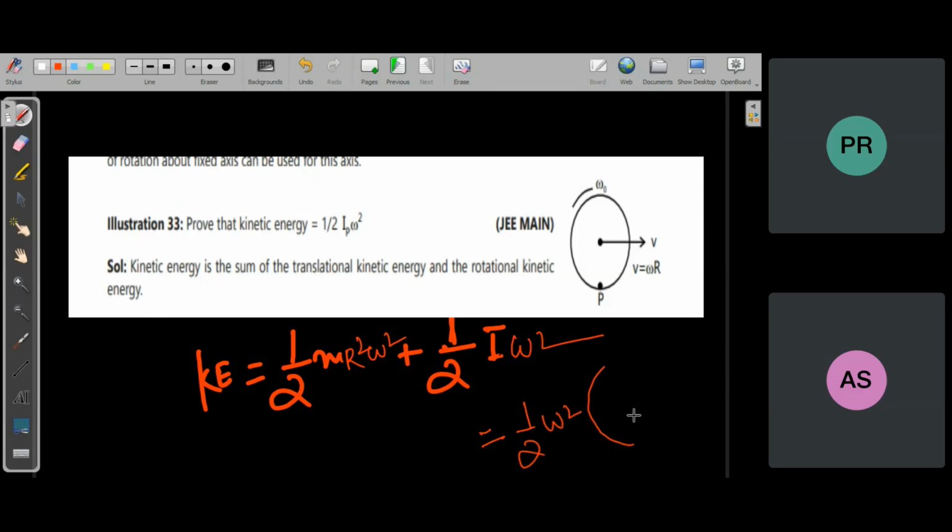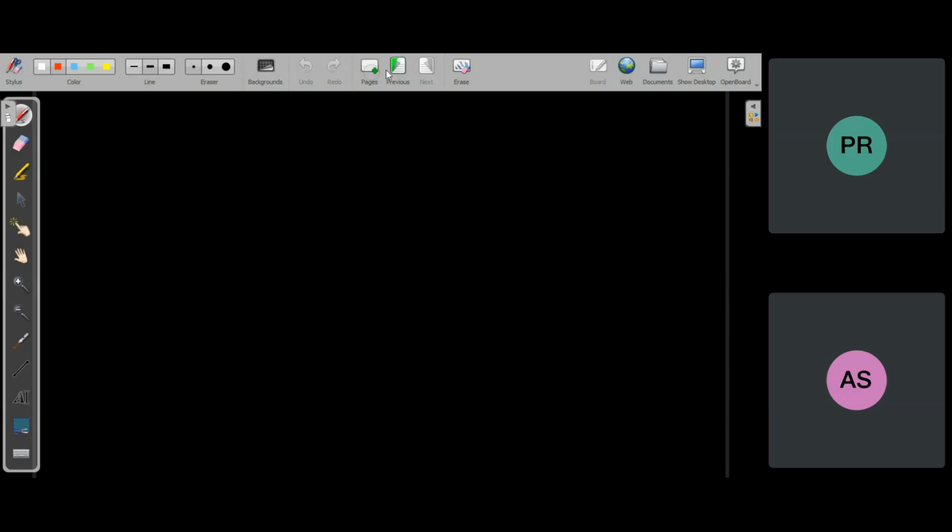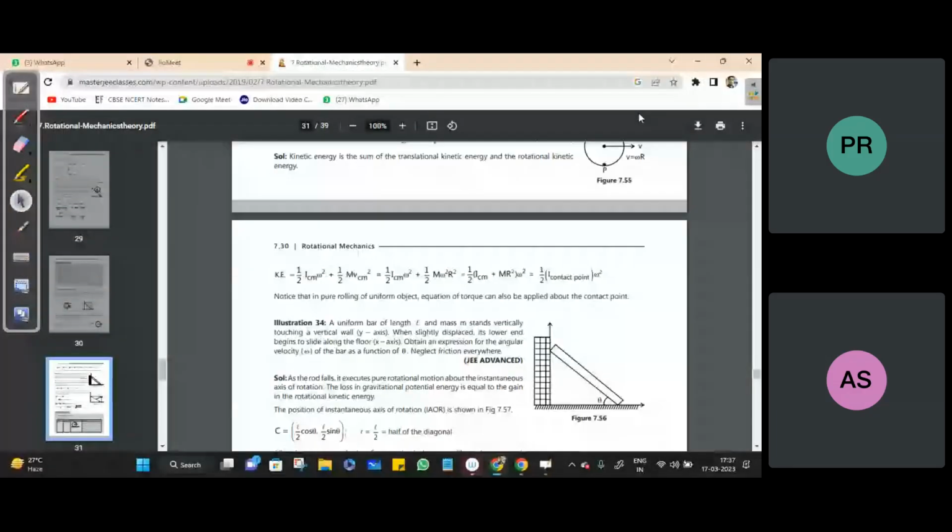If you take half omega square, what is left inside? Sir, MR square plus I. I plus MR square is nothing but I_P, by the parallel axis theorem. So the kinetic energy is half I_P omega square. That is what you have to do.